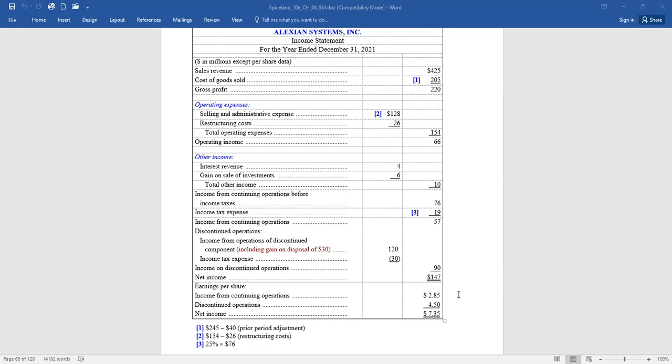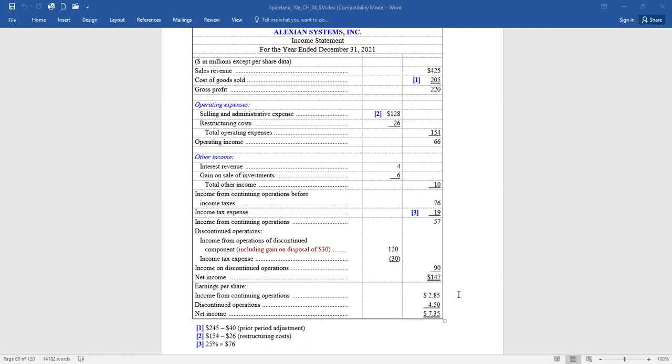Further, we must calculate earnings per share for income from continuing operations, income from discontinued operations, and net income. It's required. So you just don't compute it using net income. You use it for those three amounts.